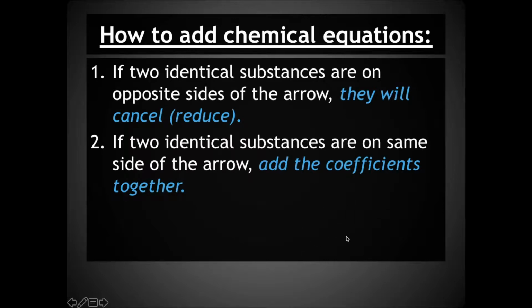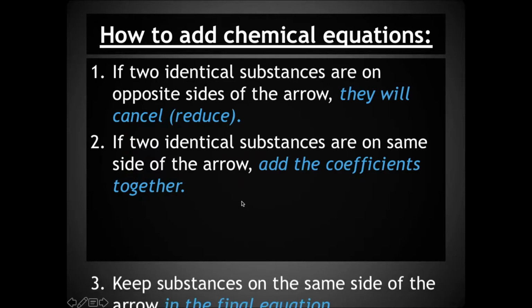If the same chemical is on either side of the arrow, they're going to cancel out. So there's a lot of rules to remember on this assessment that's coming up. And if two identical substances are on the same side of the arrow, you're going to add the coefficients together. So if they're on opposite sides of the arrow, they're going to cancel, and if they're on the same side of the arrow, you're going to add them.